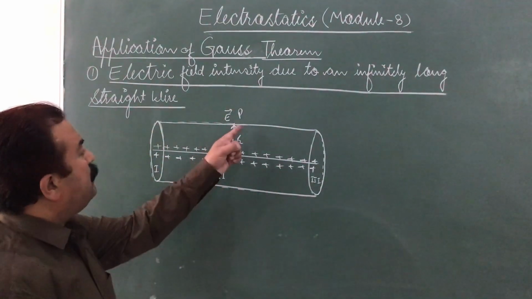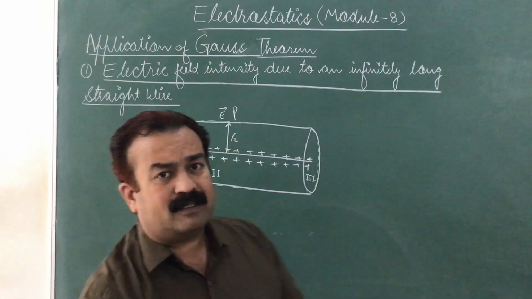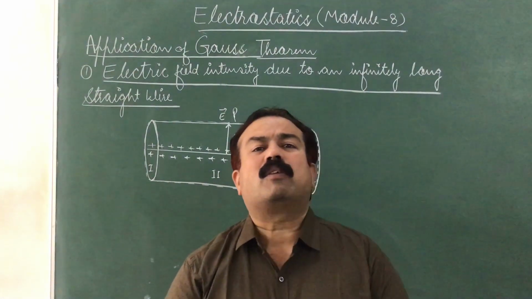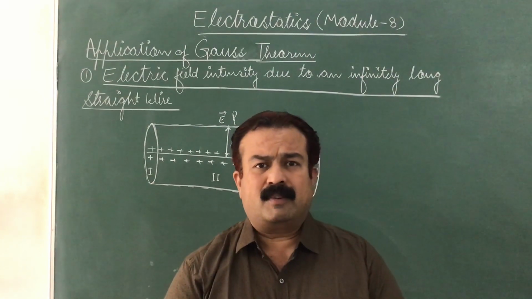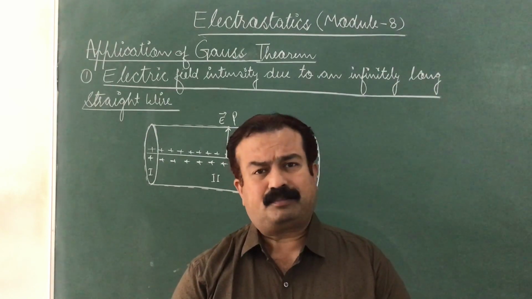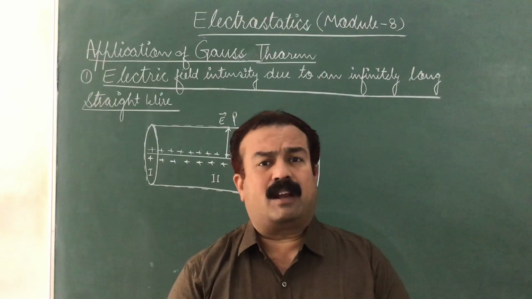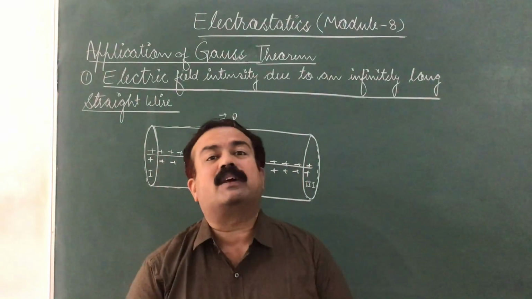Now, at point P, we want to find out electric field intensity. For that, simply, we have to find electric flux, and then we will apply Gauss theorem. So, firstly, I am reminding you the definition of electric flux.